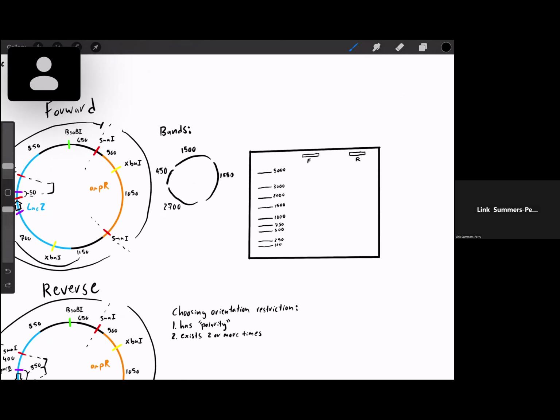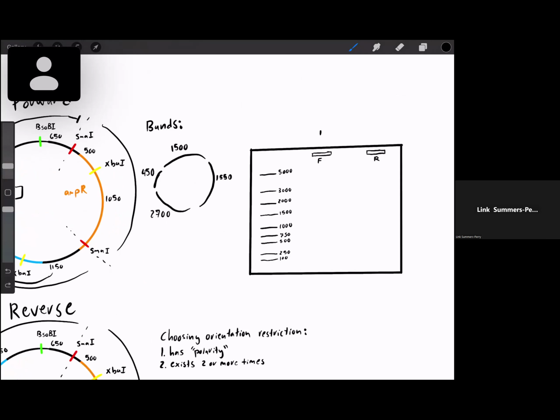So let's say that this is our forward. This is where we put our forward results, and this is where we put our reverse results. So for our forward, we're going to have a 450 band. So let's go ahead and draw that. Right here we have 250, right here we have 500. So 450 is going to be in between those and closer to 500.